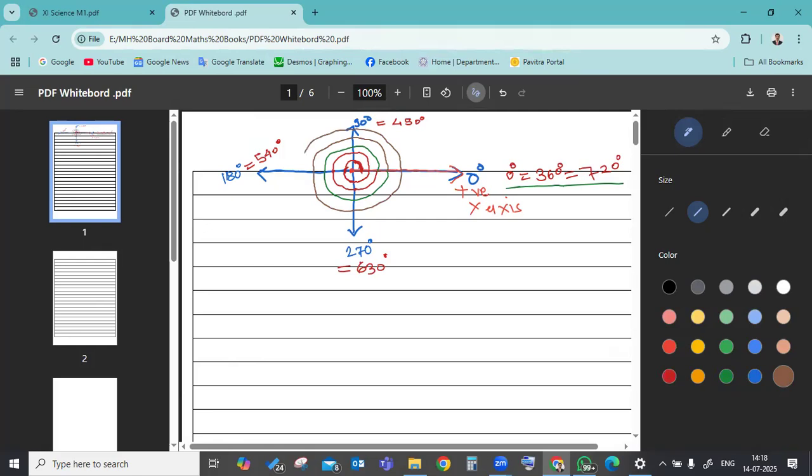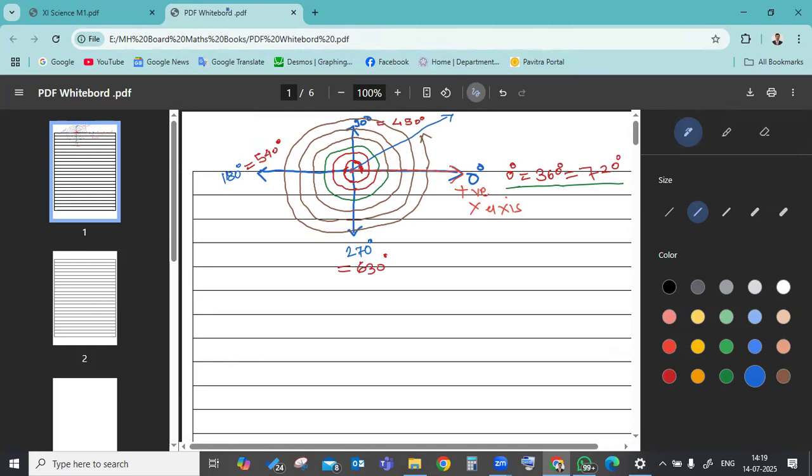Okay, and accordingly we will be getting equivalent measures of angles in this way. Now see here, say this is the terminal arm.